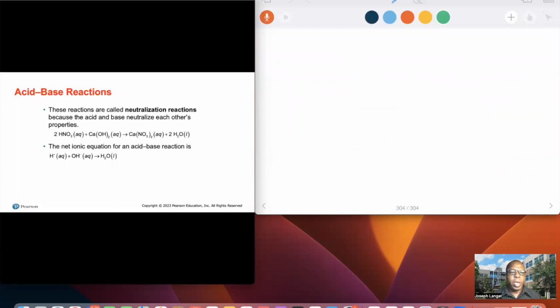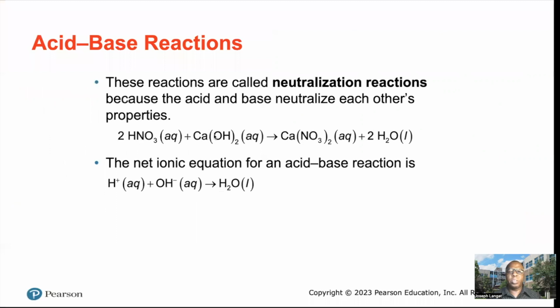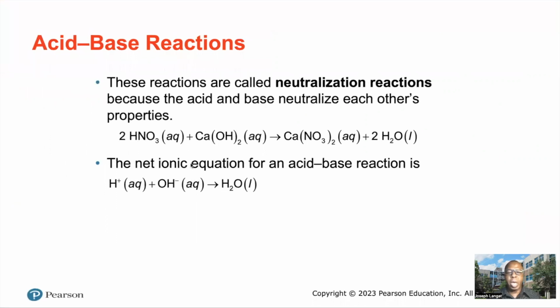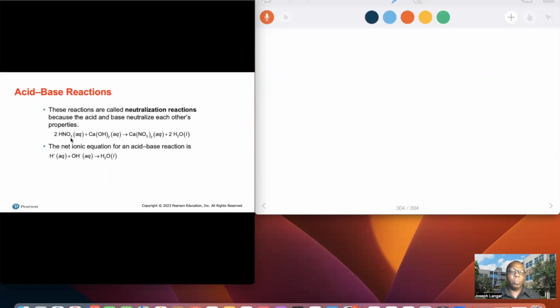Net ionic equation. If we do the splitting, remember what we covered in the previous section, that to generate the net ionic equation, you need to split the aqueous in the molecular equation. So if I'm to write the total ionic equation, this is what's going to happen.